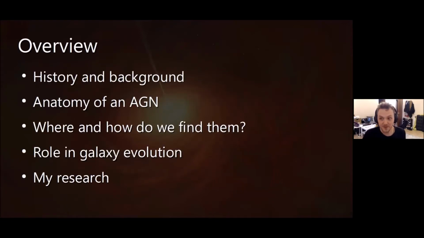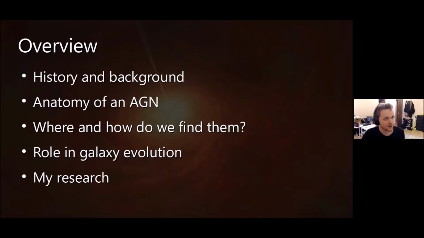So the overview for my talk today is first a tiny bit of history and background of AGNs and quasars. Then I will go on to talk about the anatomy of AGN. So we will break down all the different components in an AGN, see where they come from and why we believe AGNs are the way they are today. We will then look at where and how we find them.